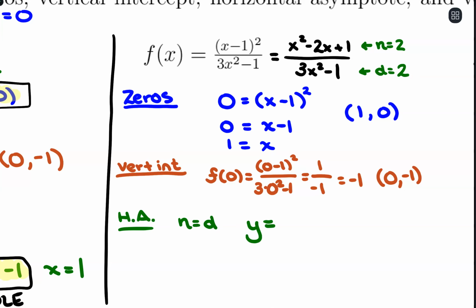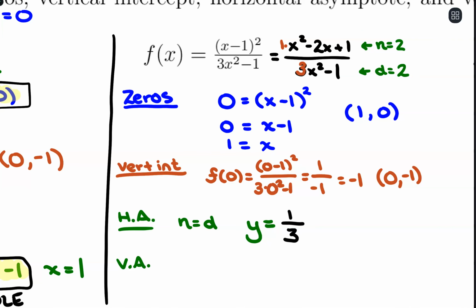So our leading term is 1x squared in the numerator, and in the denominator our leading term is 3x squared. So I'm going to take that 1 from the numerator, 3 from the denominator. So we're getting a horizontal asymptote at y equals positive 1/3.